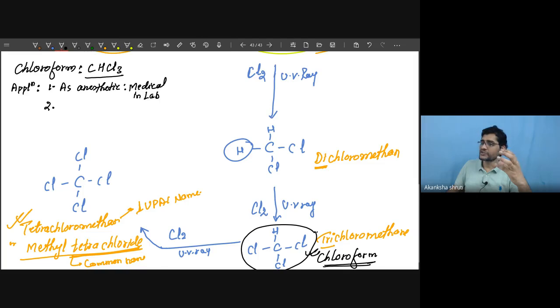It is also a good organic solvent, used for storing something or for dissolving non-polar material, like grease. Grease cannot be washed away with normal water. Why? Water is polar, but grease is non-polar. So that's why it cannot be washed.